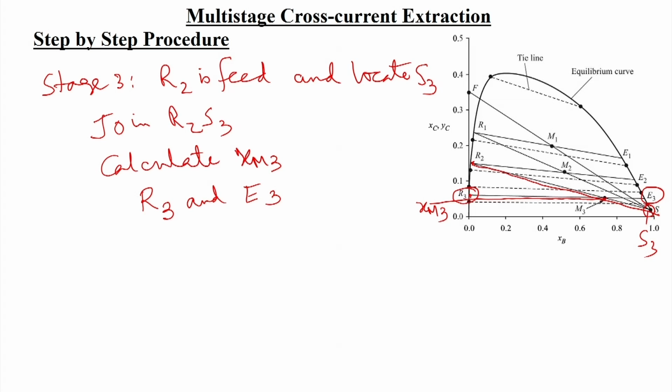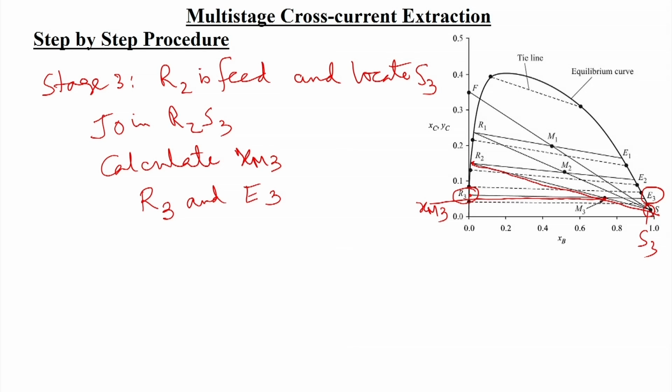If we add R3 and S4, then there also we will get XM4, and we will allow this to be separated into two streams, raffinate and extract. Then from the equilibrium data points, that is the equilibrium line, we will get the x3 and y3 values, and also the flow rates. From the beginning we know the feed rate, we know S1, the extracting solvent amount in stage 1, and the solute composition in the feed and extracting solvent.